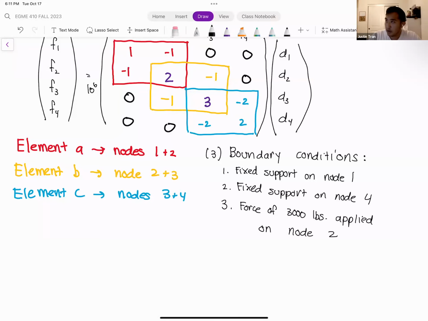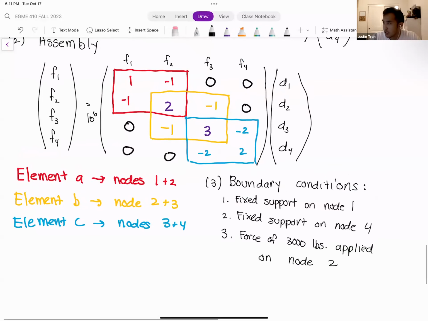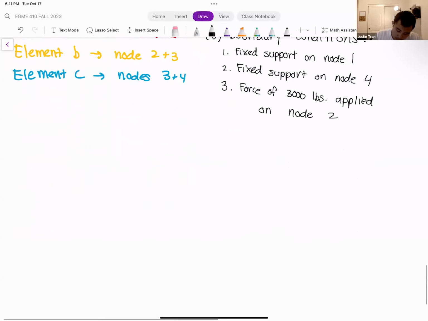Normally what I would do is just erase the entries here and add ones in. But we're actually going to use this matrix in the next step, so I'm going to rewrite the entire matrix down below with the boundary conditions factored in.